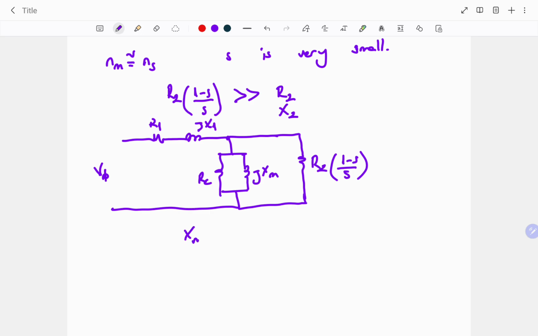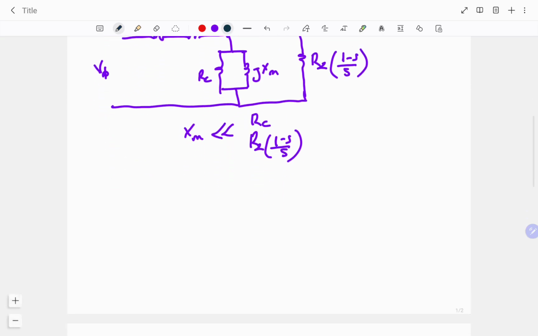So XM will be very, very small with respect to RC and R2 (1 minus S over S) during the no load operation. Because of this, we can simplify our circuit.